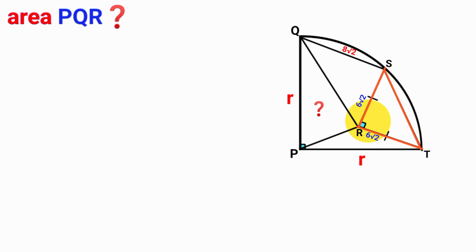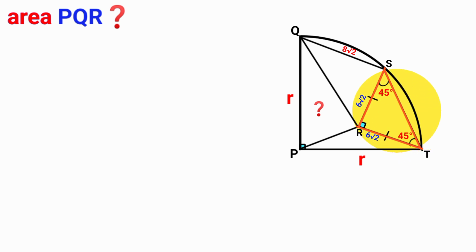Because of this angle here, it is a right angle triangle. But the fact that this side and this side are congruent tells that it is an isosceles right angle triangle. The angles of an isosceles right angle triangle are 90 degrees, 45 degrees, and 45 degrees.